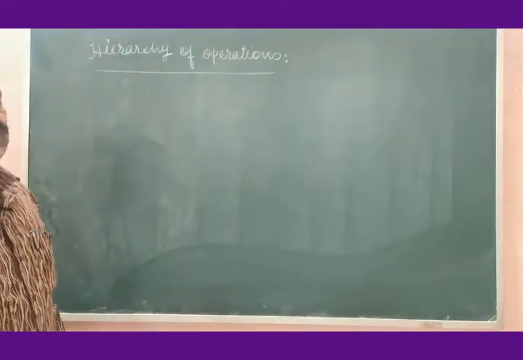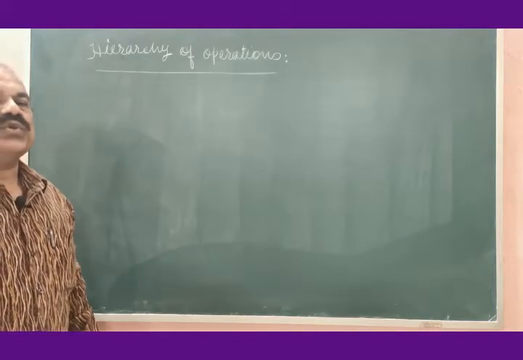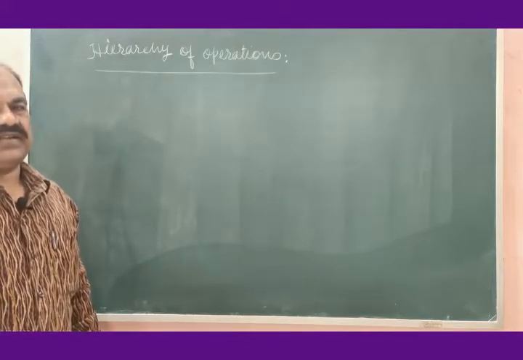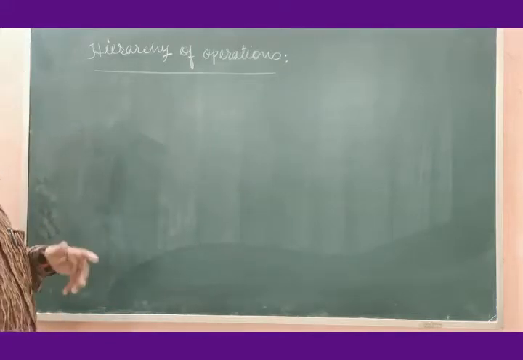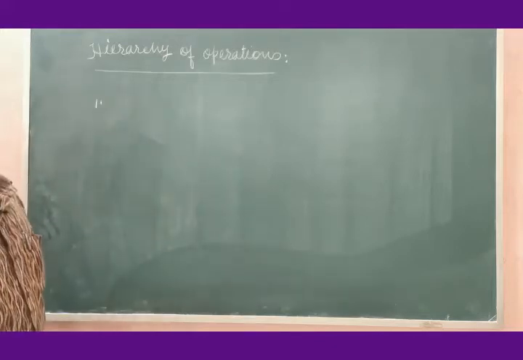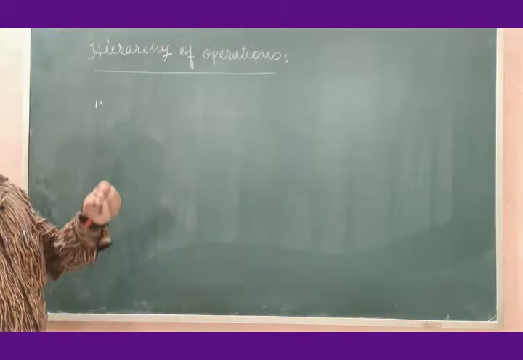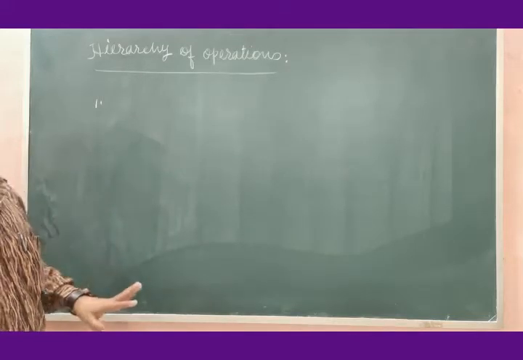There are certain rules for hierarchy of operations. There are precedence rules for solving an arithmetic operation. What are these rules? First one, the part of the expression inside the bracket should be solved first.